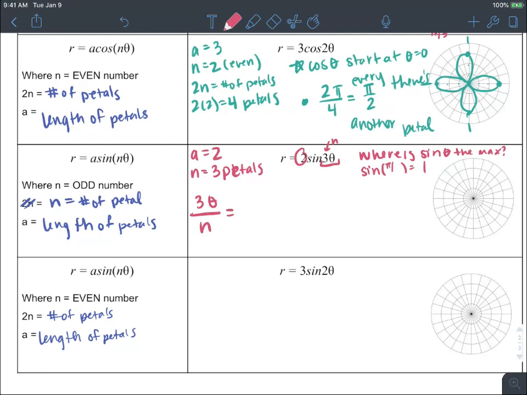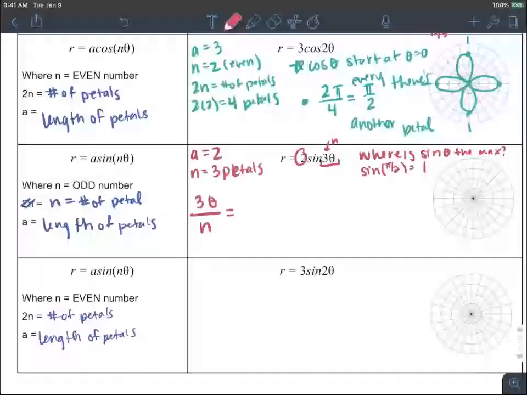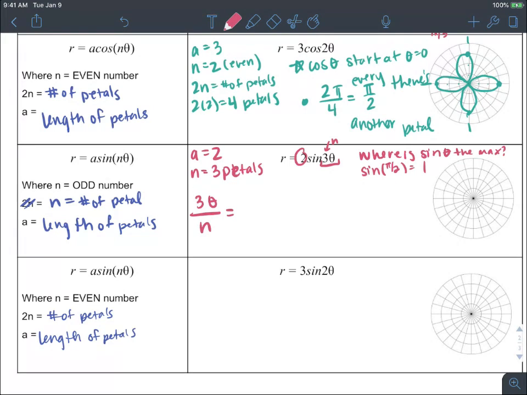So that's normally where my petal is going to be, but we're off because of the multiplier. So we're going to take pi over 2, my highest point, and divide it by our n. That's my normal max, and I'm going to set that equal to 3 theta.